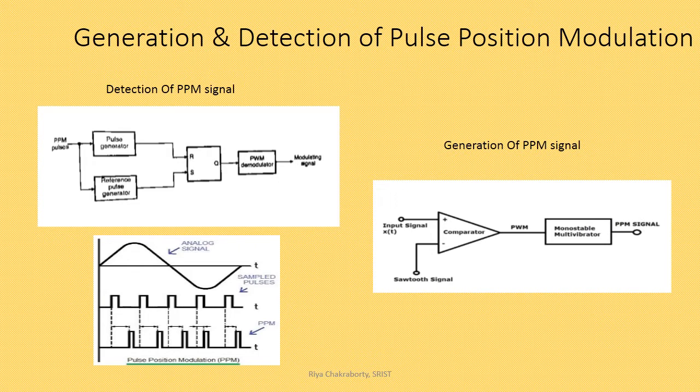It doesn't change as it does in PWM. Disadvantages of PPM: large bandwidth is required to ensure transmission of undistorted pulse. I hope this is clear to all.